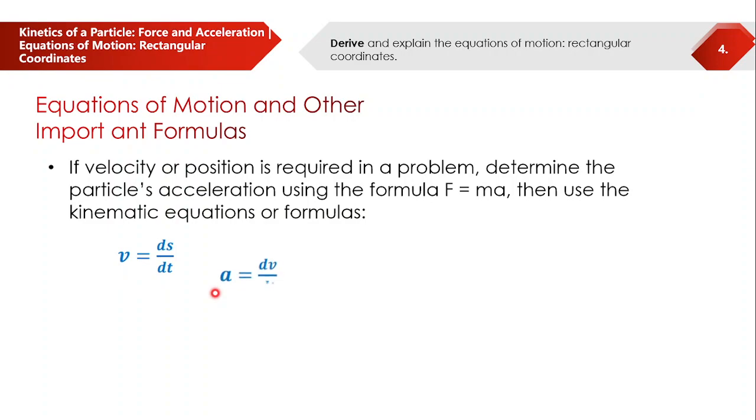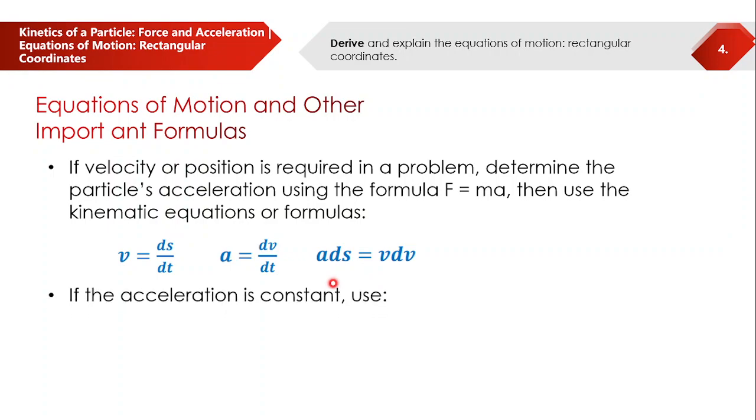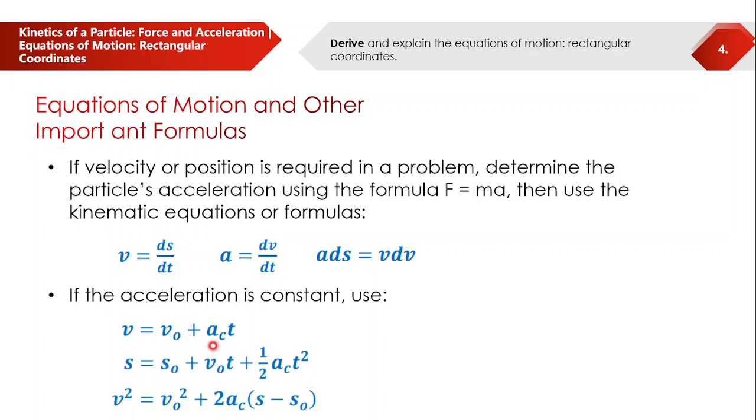We know that the kinematic equations are derived from the instantaneous velocity, the instantaneous acceleration, and the relation between the two. If the acceleration is constant, then we can solve using these kinematic formulas.